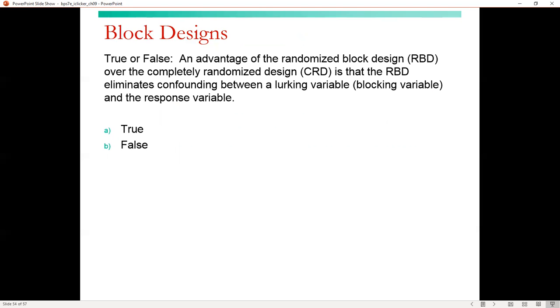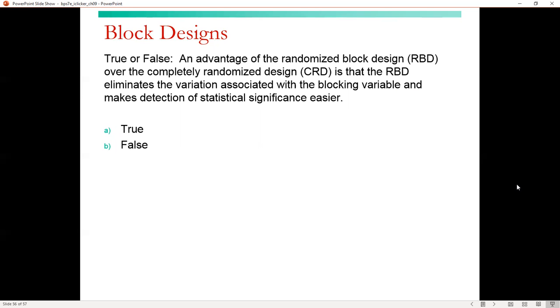An advantage of the randomized block design over the completely randomized design is that the RBD eliminates confounding between a lurking variable, blocking variable, and the response variable. True. True or false? An advantage of the randomized block design over the completely randomized design is that the RBD eliminates the variation associated with the blocking variable and makes detection of statistical significance easier. True.